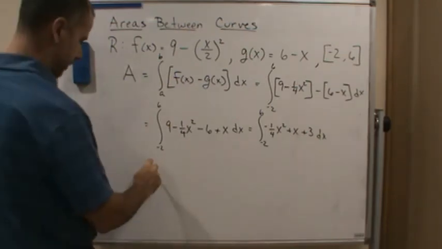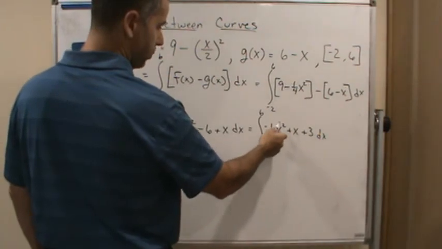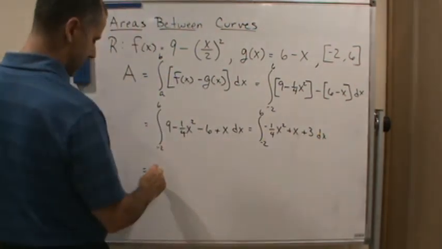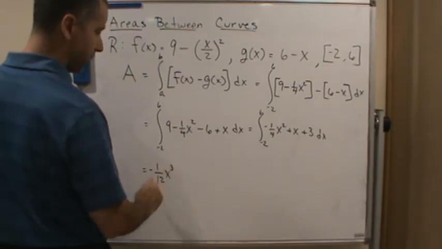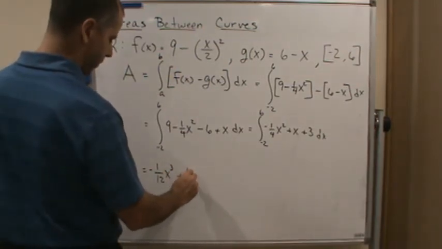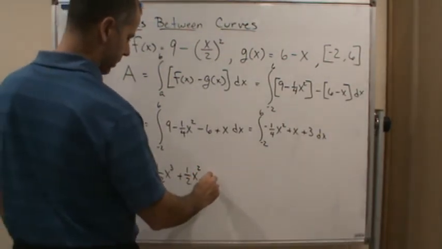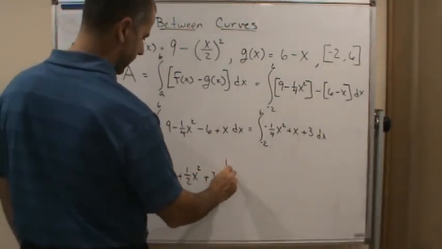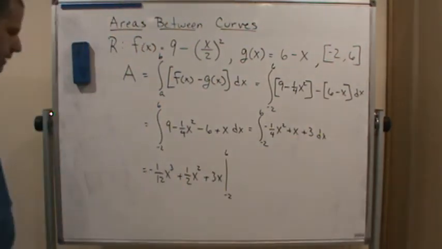Okay, so let's do that. So this is going to be negative 1/12 x cubed plus 1/2 x squared plus 3x, and I'm going to evaluate that from -2 to 6.